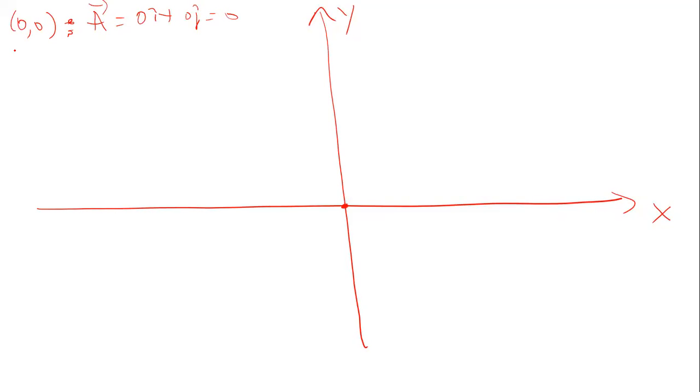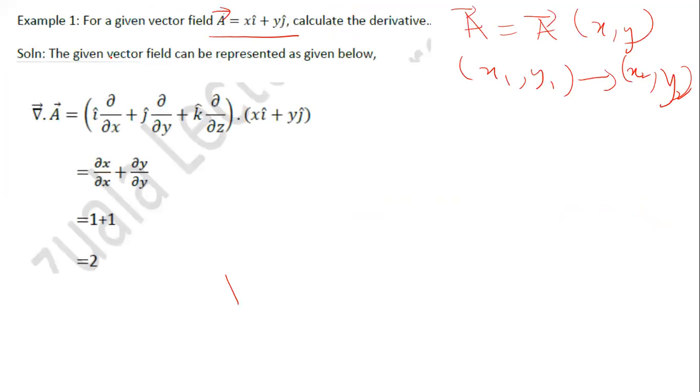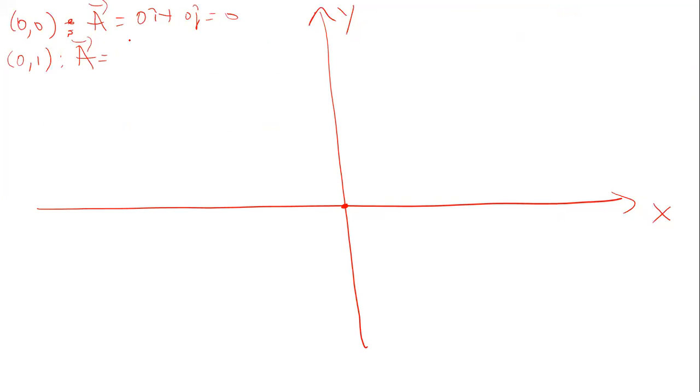Now let us consider 0, 1. At 0, 1, the x value is 0 and the y value is 1, so 0i plus 1j. So your vector A is 1j.